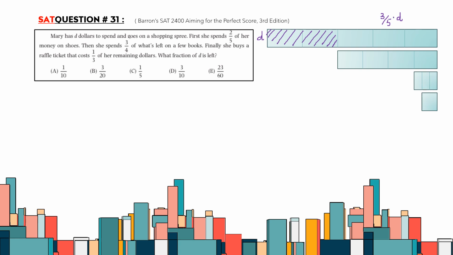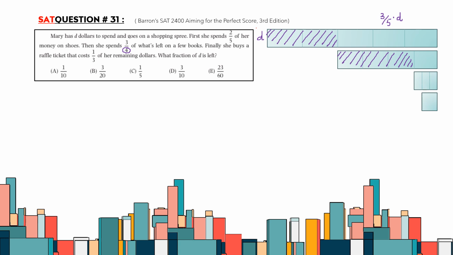Okay, so from that 3 out of 5, we divide into 4 parts because she will spend 3 out of 4. So she continues to spend this much on the books, 3 out of 4 of the remaining, so of this amount.